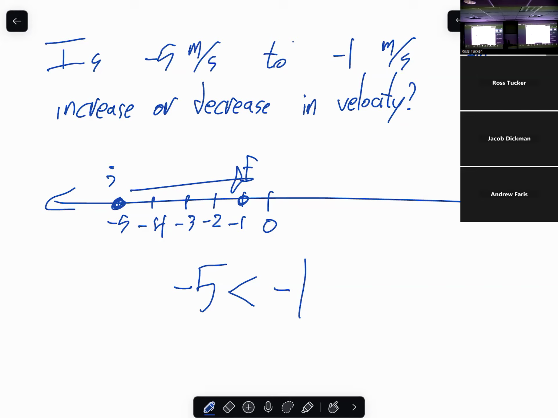Yes, that's true. I'm not asking about direction here. I'm asking about the number itself, which is bigger, -5 or -1. And if I've got a velocity of -5, what does that mean compared to a velocity of -1?